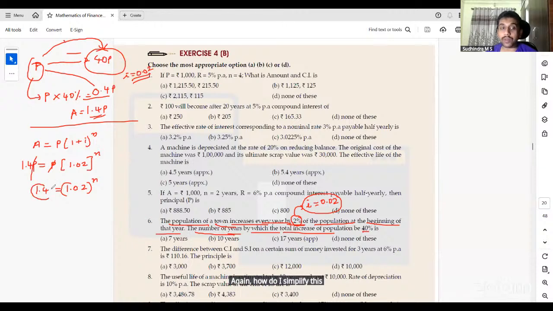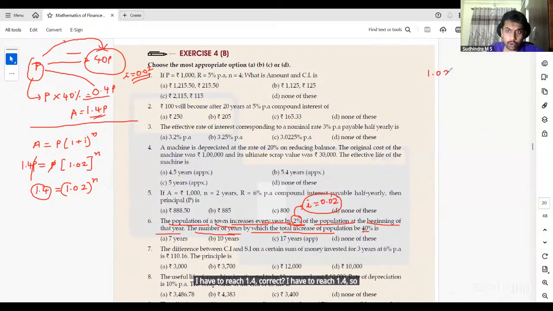I have to express 1.4 in terms of 1.02 to the power something. If I try 1.02 to the power 2, 3, etc., I have to reach 1.4, correct?